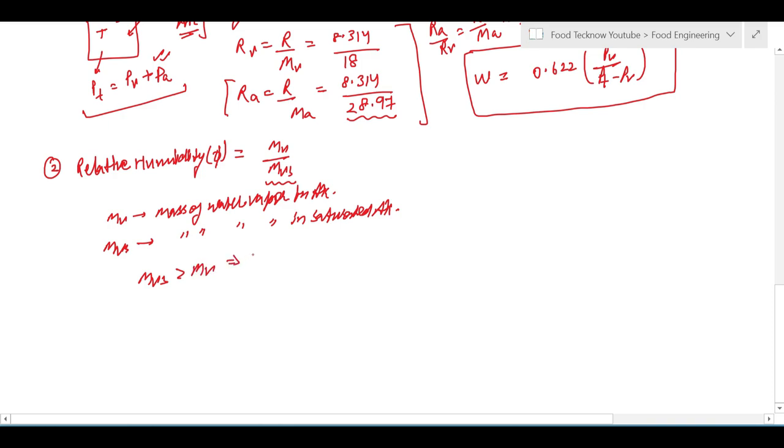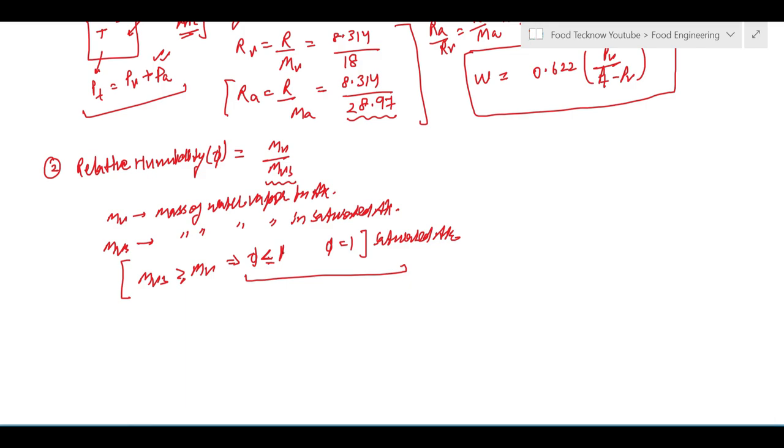It means this phi is always less than 1 or can be equal to 1. Okay, so phi is equal to 1 in the case of saturated air. Although these things are not asked in an exam, it is a kind of generalization. You could understand how these things work just by looking at it. And then Mv divided by Mvs.